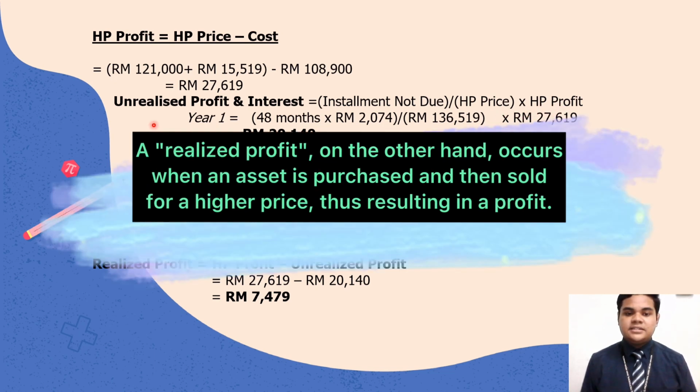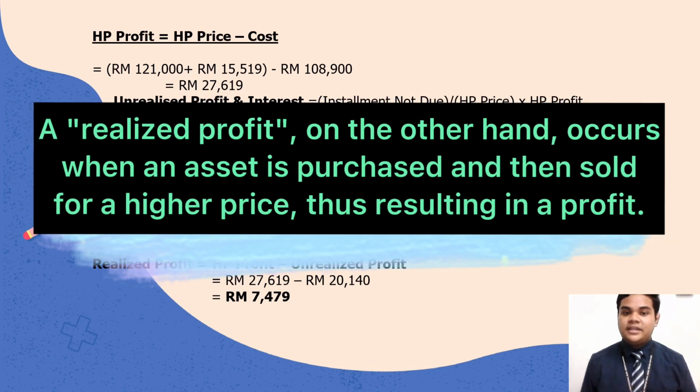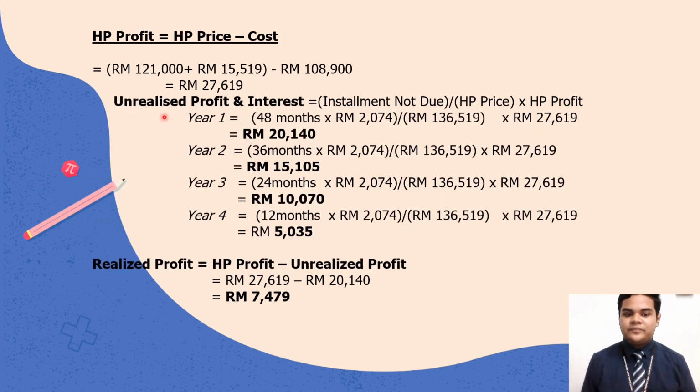Actually, an unrealized gain is a potential profit that exists on paper resulting from an investment. So you have to remember that every calculation of unrealized profit is at the end of each year. Let me give you an example.